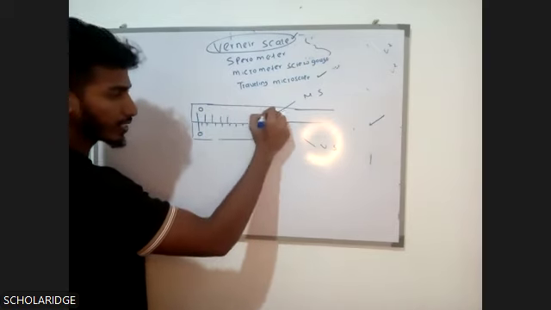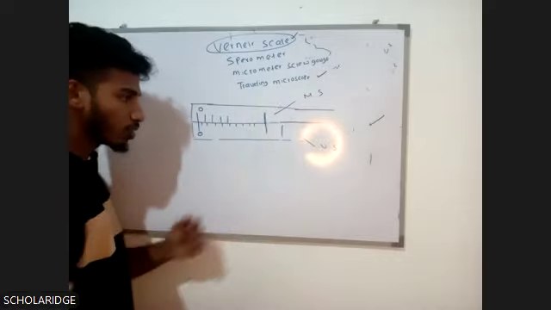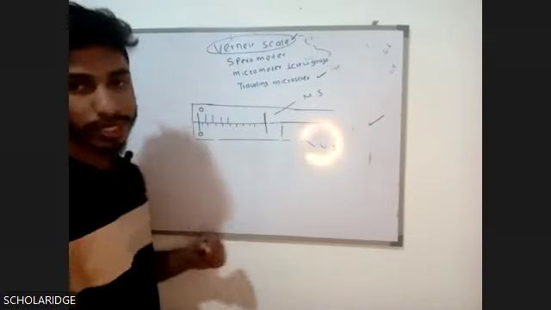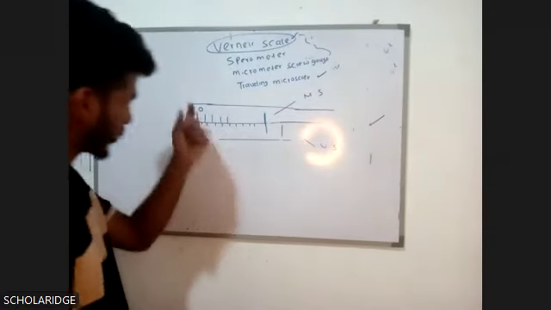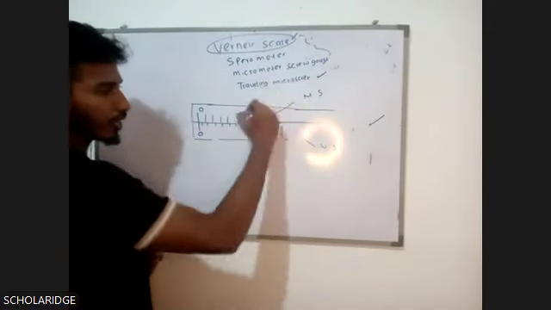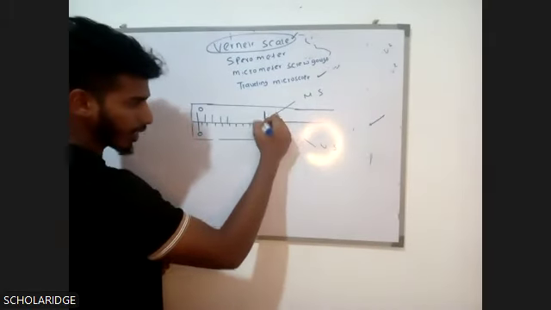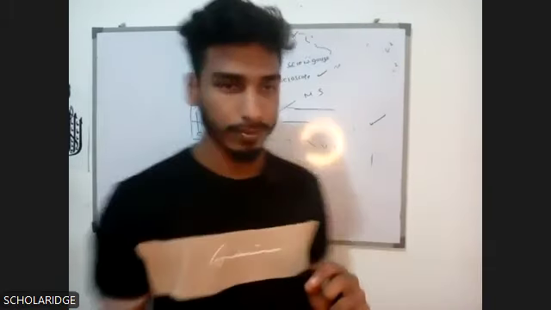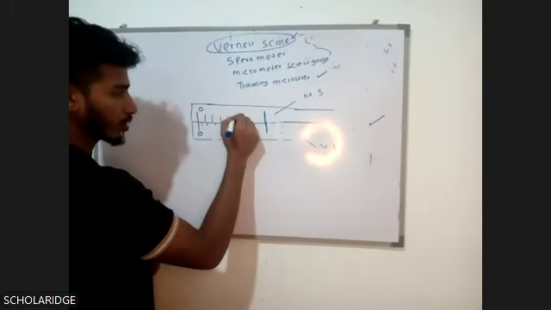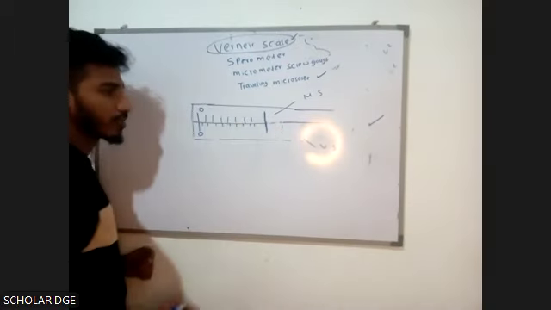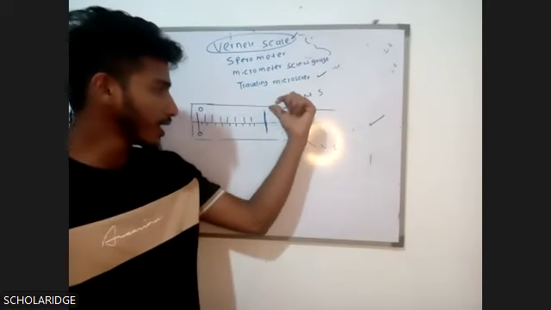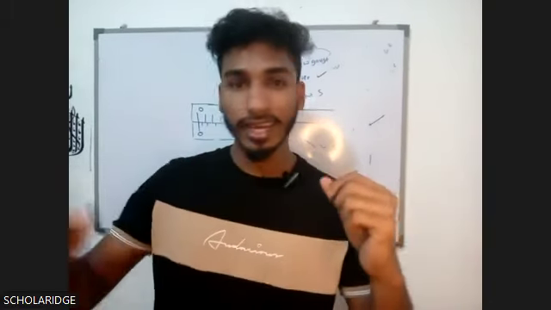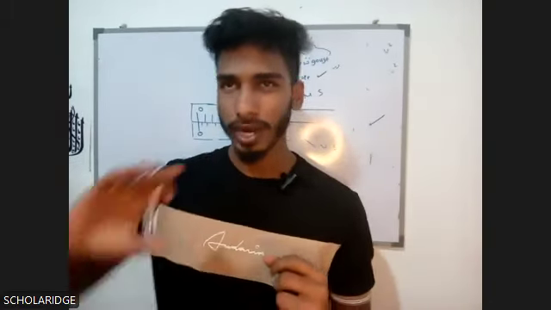So somewhere at a distance, apart from the zero marks, the main scale and the vernier scale coincide. Generally in questions, it will be 9 and 10: 9 divisions in the main scale, 10 divisions in the vernier scale. Or else they can adjust that.